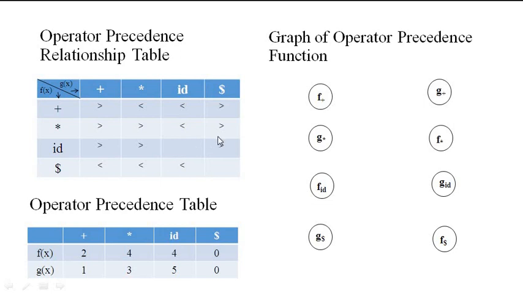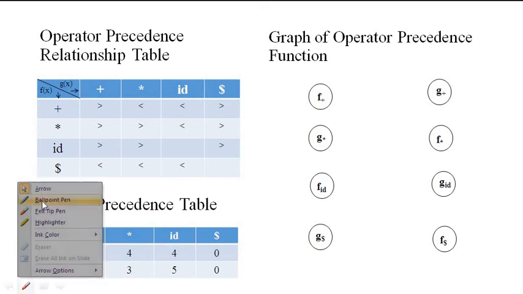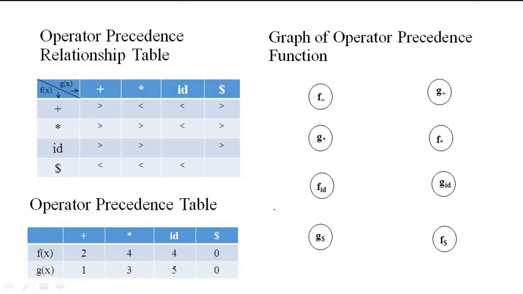Now construct the graph of the operator precedence function. How can you draw the graph of the operator precedence function? Here, F plus, the relation of F plus with other functions.